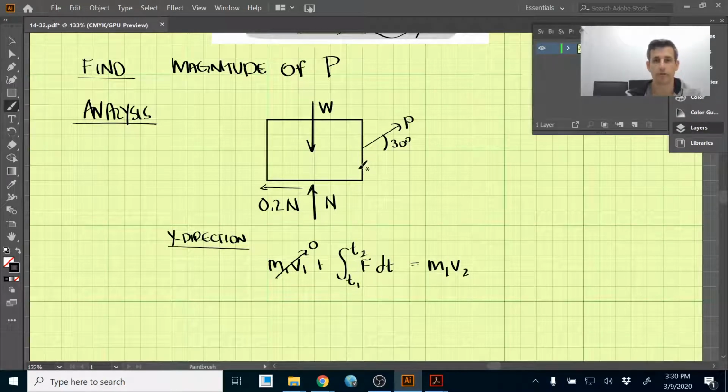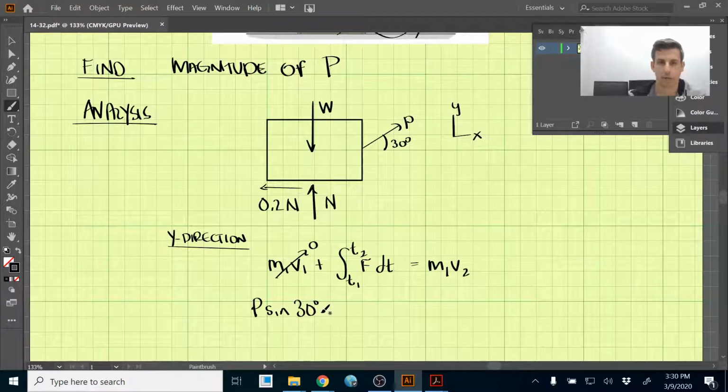So all of the forces in the y direction, if we have our coordinate system x, y, the positive here will be P sine of 30 degrees. And remember, the sine of 30 degrees is 0.5.